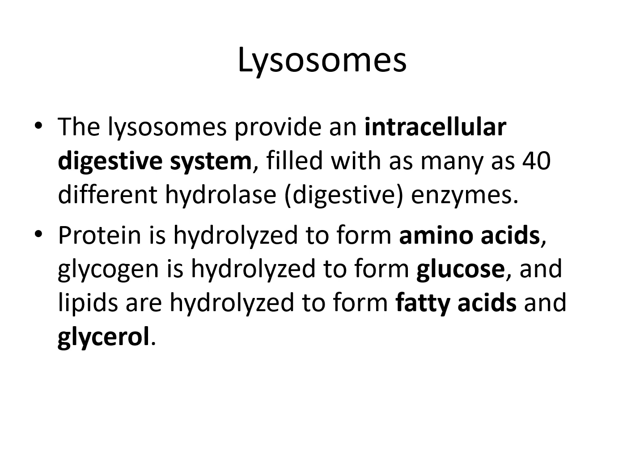So the lysosome contains the digestive enzyme. It's an intracellular digestive system. It contains the enzyme to hydrolyze, to break apart large molecules into the amino acids, glycogen or carbohydrate, polysaccharides to the glucose, lipids to the fatty acid and glycerol.